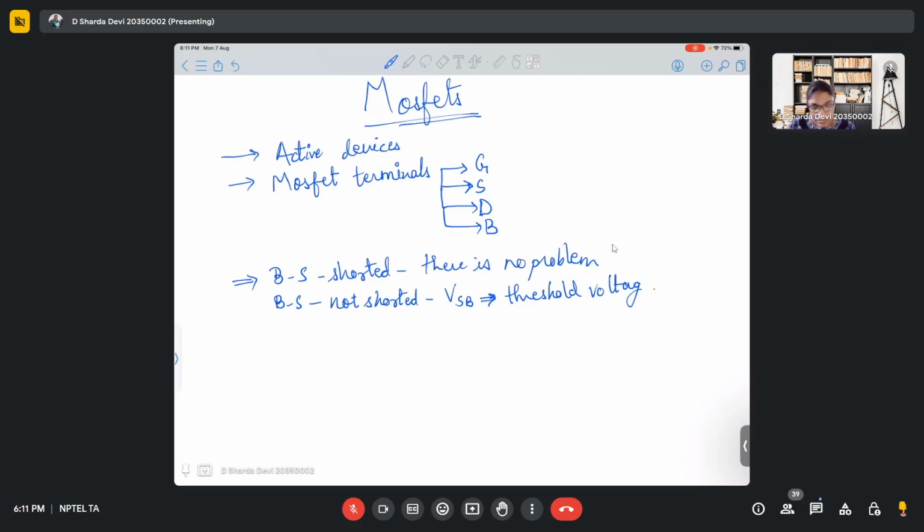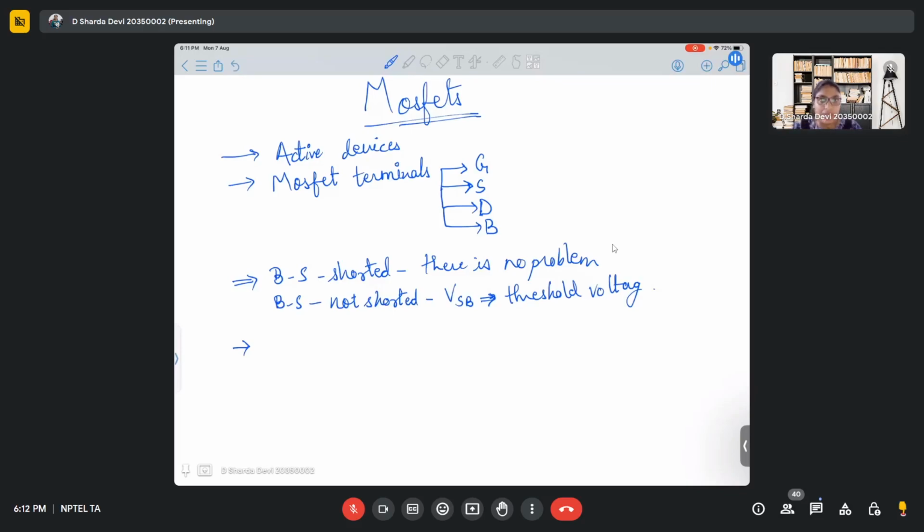Can I ask a question? Yes, please go ahead. So how can we get benefits from the device when we increase the threshold voltage? Why may we increase the threshold voltage? How can we get benefits from this?